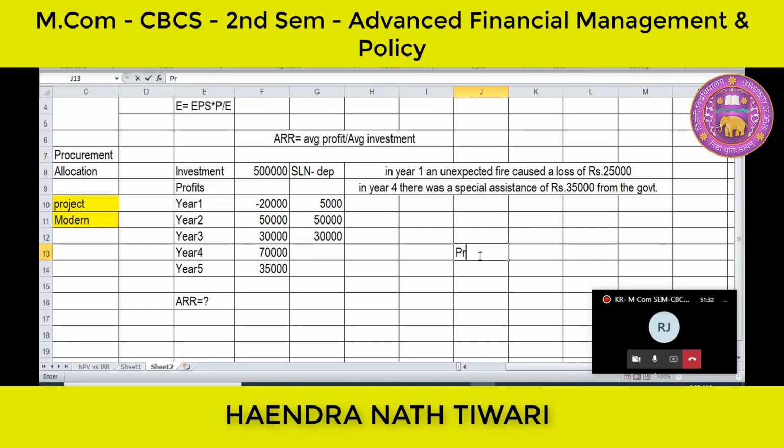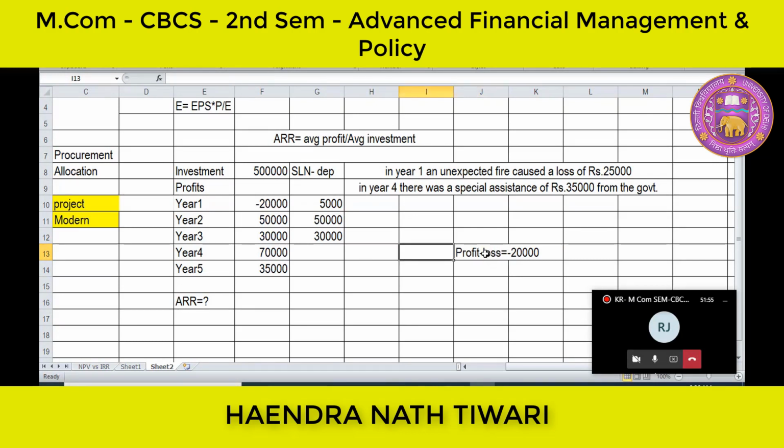There was some profit from where this loss was reduced to determine a minus 20,000 profit. Right? Had this loss not been there, this is the final reported profit, right?